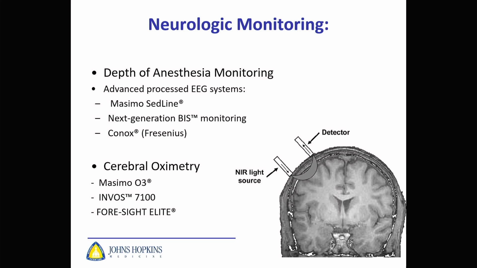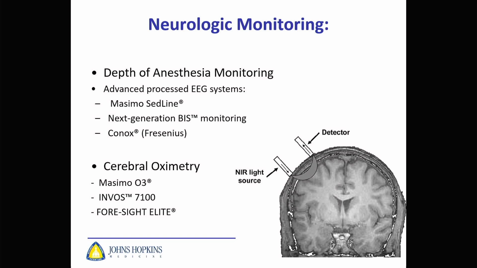The next is cerebral oximetry, so near-infrared spectroscopy that literally, as I show here in this diagram, we send infrared light through the cranium and through the brain tissue to estimate the level of oxygen saturation. I study these in research as well, NIRS in particular.